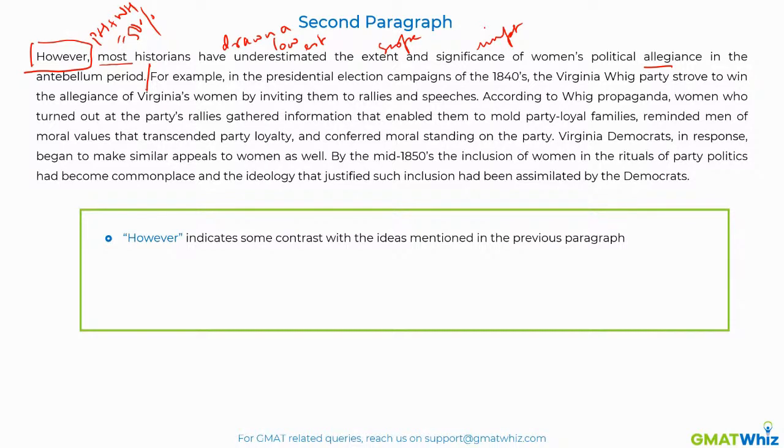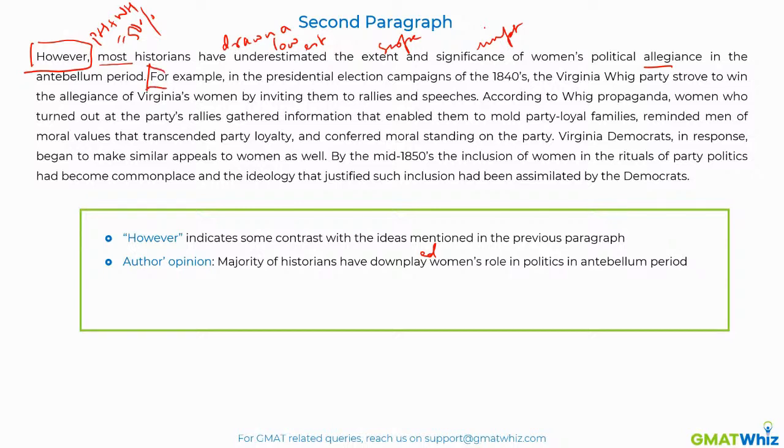So, however, indicates some contrast with the last idea. The author's opinion is that the majority of historians have downplayed women's role in politics in the antebellum period. Now there's an example given here. The moment you see such kind of examples inserted, because there are questions on such examples, right there and then tell yourself, okay, the author is giving an example here.